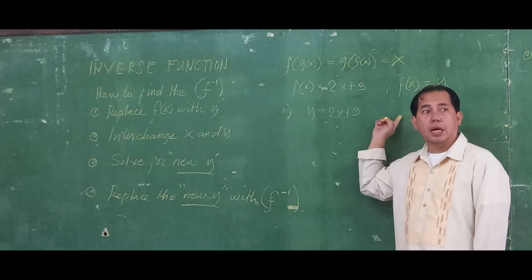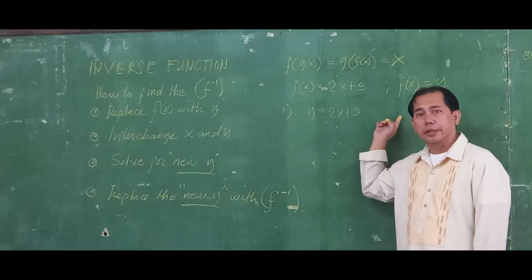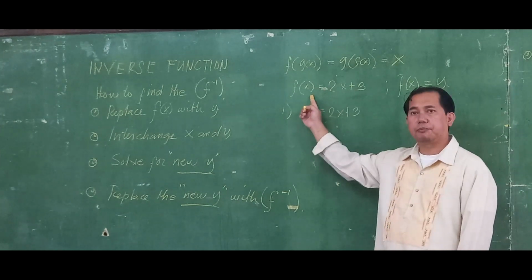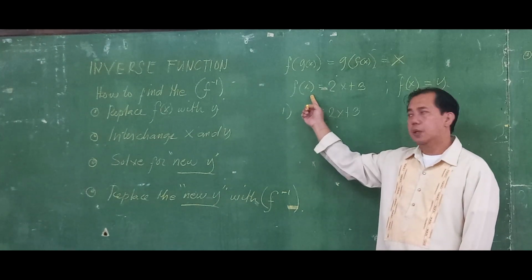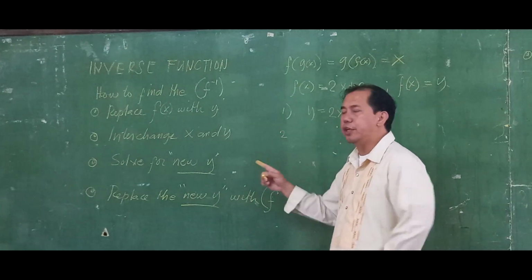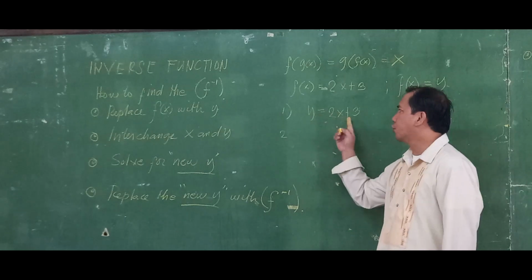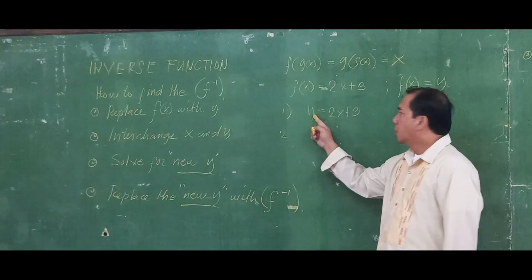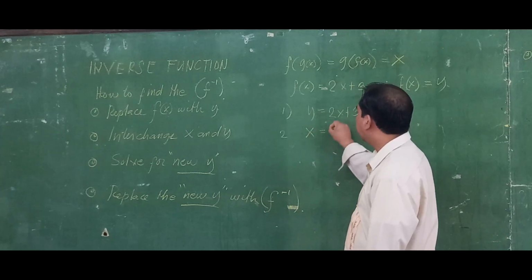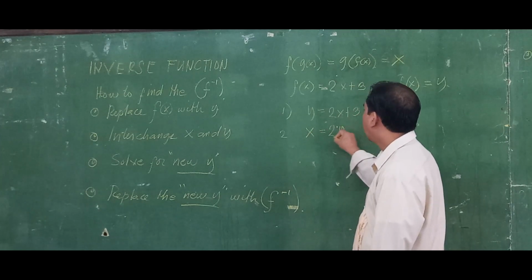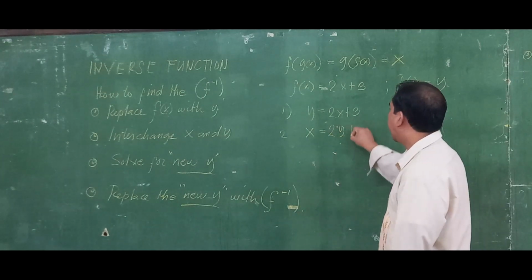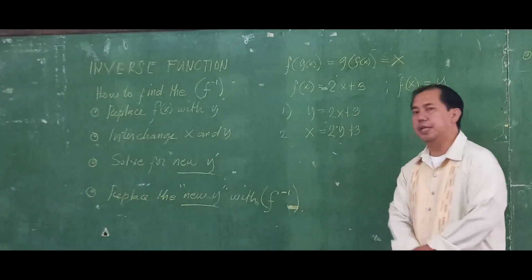When we had the introduction of function, I told you that f of x is the same as y, so we can change them. Next, in number 2, it says you interchange the position of x and y. So, our x now is equated to 2y, then plus 3.